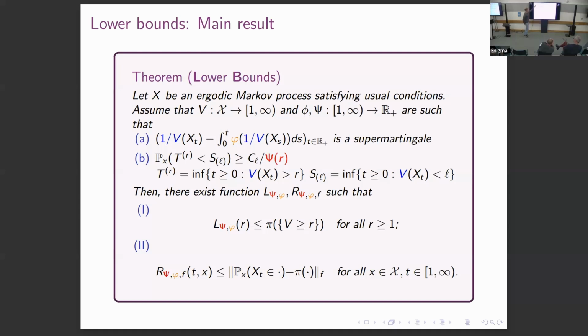No, V goes to infinity, so 1 over V goes to 0. Yes, sorry, 1 over V is what I meant. This is hidden here, but what's important is that it doesn't have to go to infinity everywhere. Let's say you have a d-dimensional distribution that is heavy-tailed in one direction out of d. You can think of V as going to infinity in this heavy direction, so you isolate the heavy tail, which then gives our bound, because the bottleneck is usually the heavy tail.